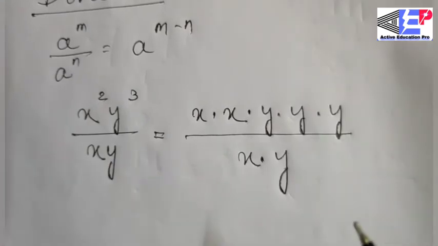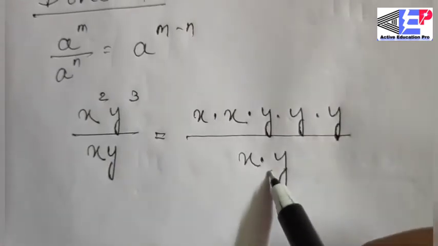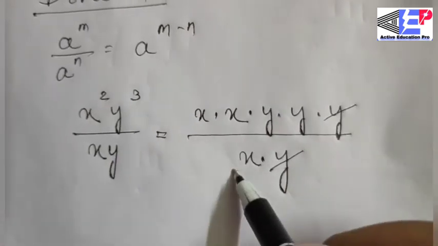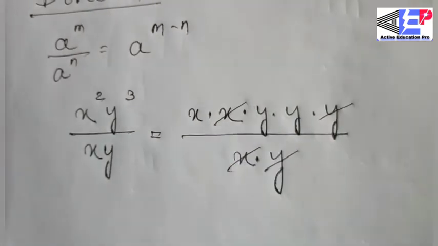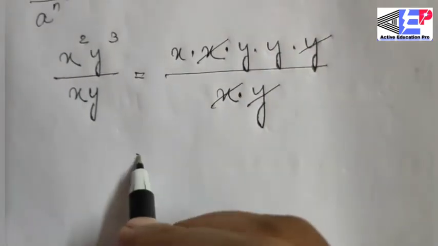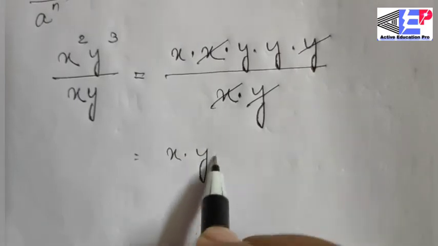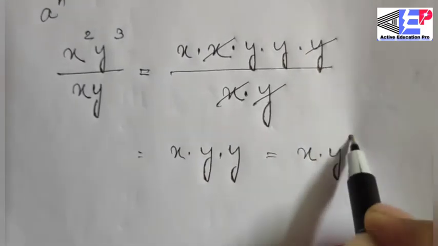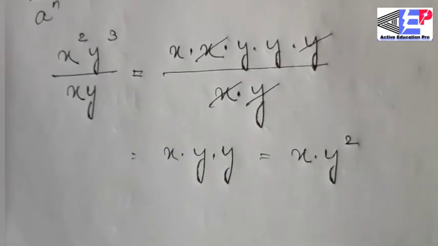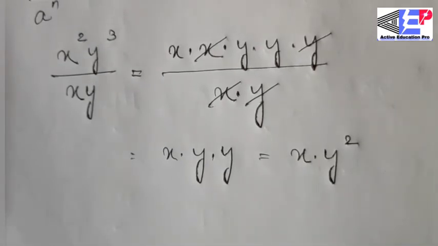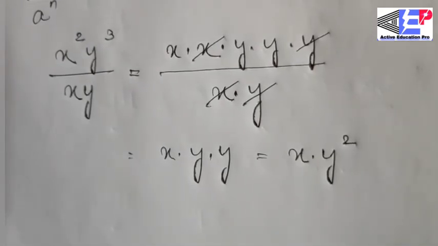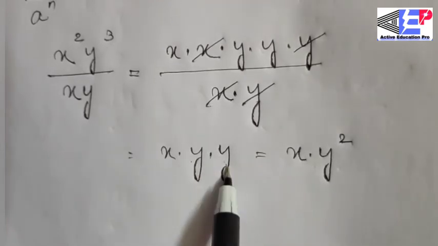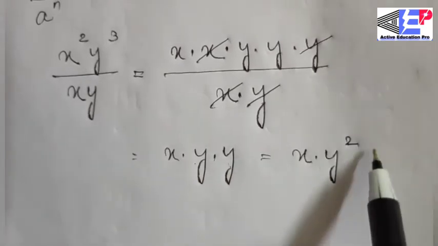Xy means x into y. First cancel y, and then x with an x. Then the remaining result will be x into y into y. It means x y square, y to the power 2, because here y is multiplied 2 times, that's why y square.